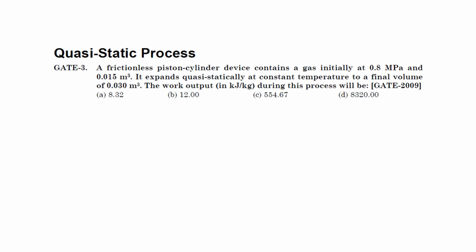Next question, quasi-static process. It's a numerical. The question came in GATE 1998. Let's read that. The frictionless piston cylinder device contains a gas initially at 0.08 megapascal and 0.015 meter cube. It expands quasi-statically at constant temperature to a final volume of 0.03 meter cube.